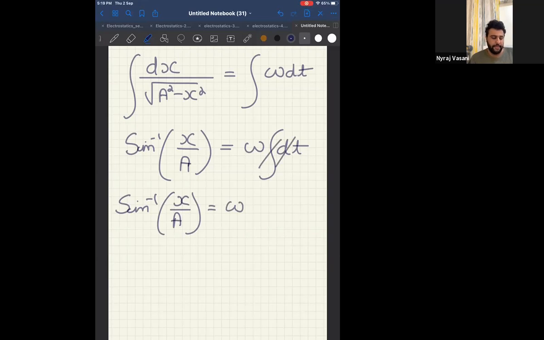Integration and differentiation will cancel. I will get omega t plus some constant phi. Last time I used c, this time I will use phi. Or can I say x by a is equal to, or what is x equal to?